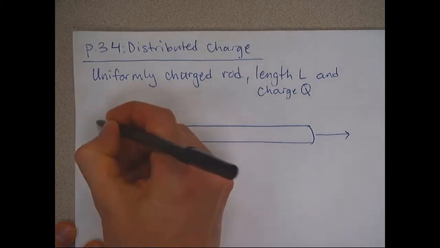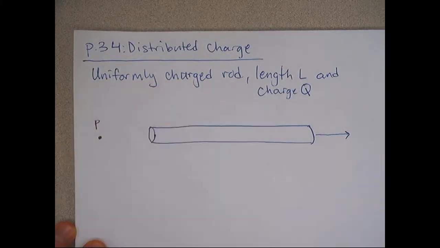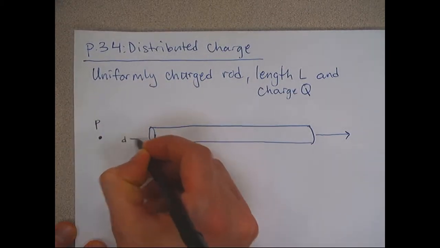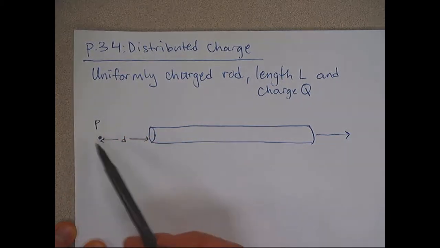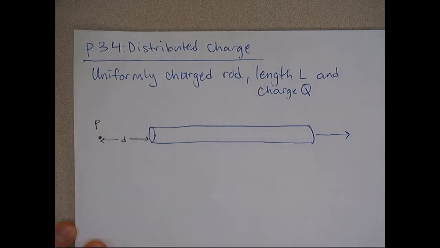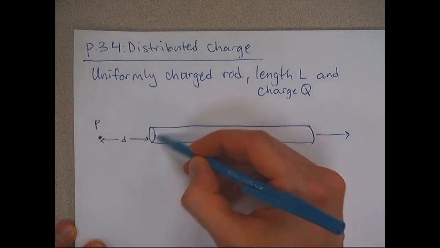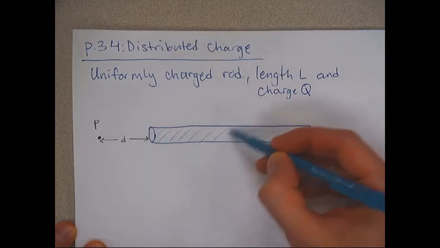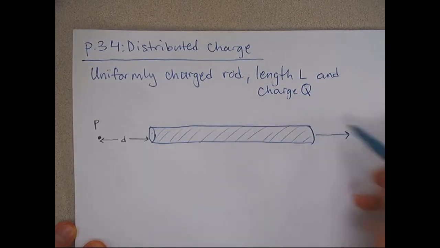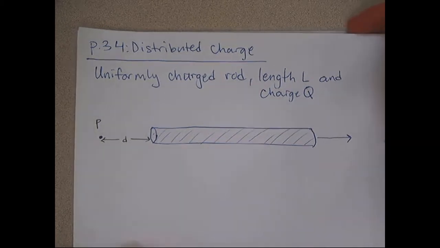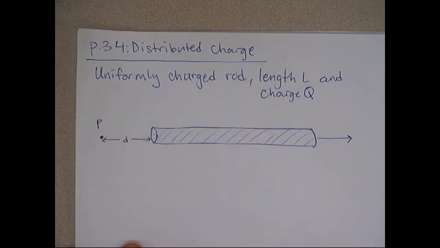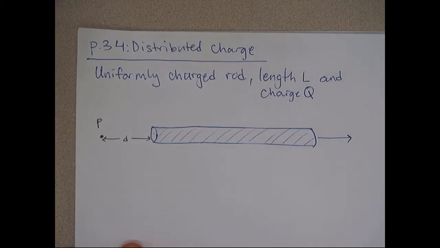So we are asked to go to this location P, which is a distance d away from the left end of the rod, and determine the electric field, which is created by this uniform distribution of charge. So we can sketch out shading here to indicate that distribution is even throughout the length of the one-dimensional object.